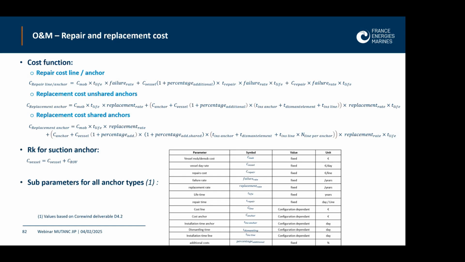Then there is the vessel cost with the time of repair, combined with the failure rate and the lifetime of the floating wind turbine. And there will also be a repair cost that will be considered for anchor and mooring line. It will not be the same repair cost, but it's considered the same between each anchor and each mooring line.